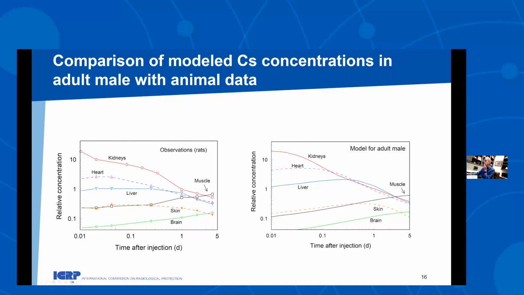And brain starts out very slowly because it has a very low extraction fraction of cesium from blood, but it has a long retention time, so the content keeps growing over time. For the rat studies here, there were about a dozen other tissues considered, but I just showed enough here. I didn't want to clutter it with too many curves.